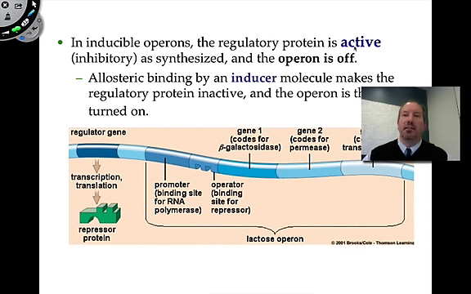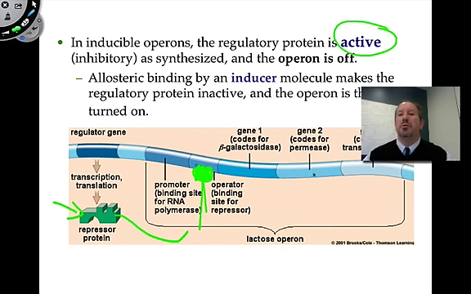I just want to emphasize that, active. So this repressor protein right there is active, meaning it's going to come up here, and the repressor protein is going to bind right in there. And so you know what this means? You put a tree on the track, and RNA polymerase is not going to be able to transcribe the structural genes.